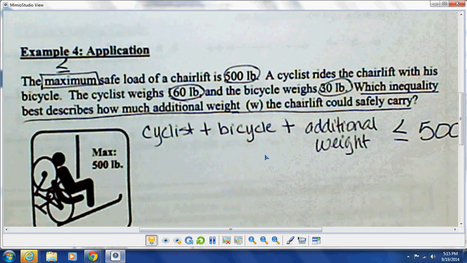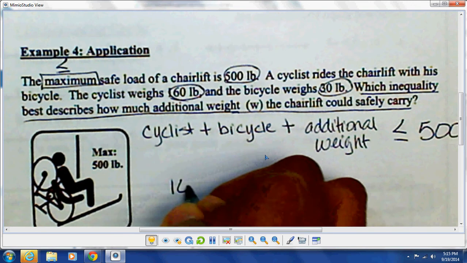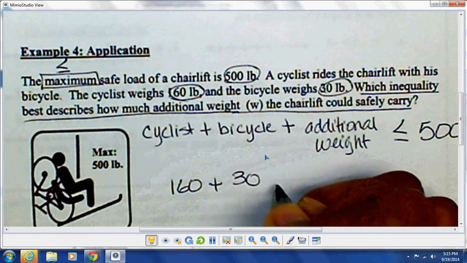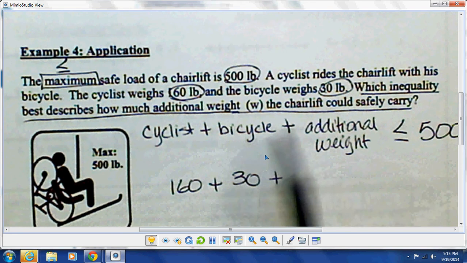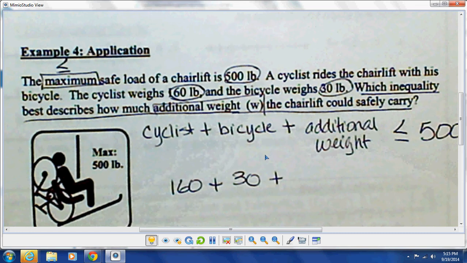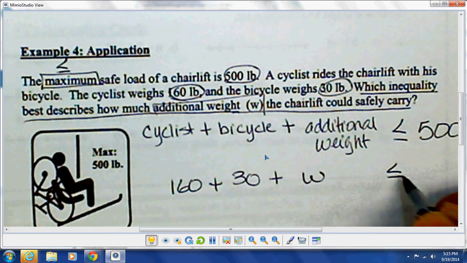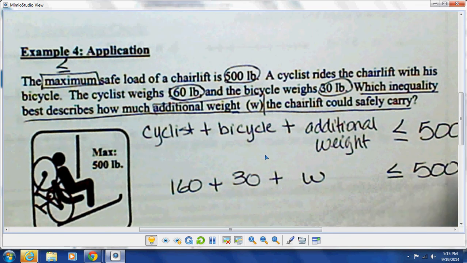Since the cyclist is 160 pounds, the bicycle is 30 pounds, and the additional weight, which they already told you to use W, cannot exceed 500 pounds.